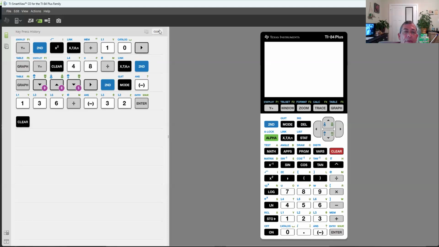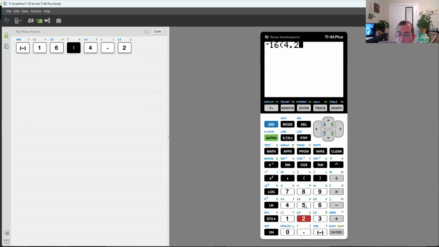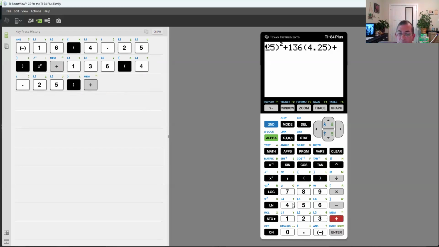All right, so let me clear everything. So I had negative 16, parentheses, 4.25, close parentheses, and square that. Then I had plus 136 times 4.25, close parentheses, and then at the end we had a plus 4.